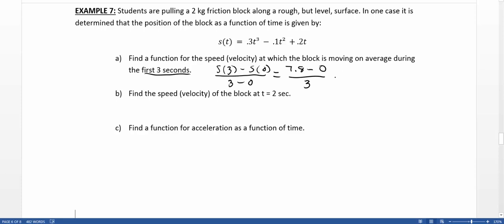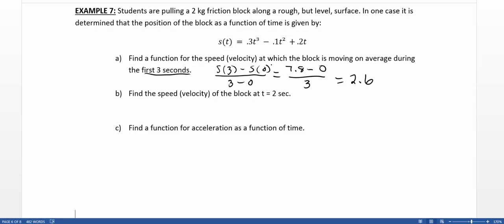Plugging that into the calculator, we get 2.6. Now remember that S of t gives us the position, and t gives us seconds.